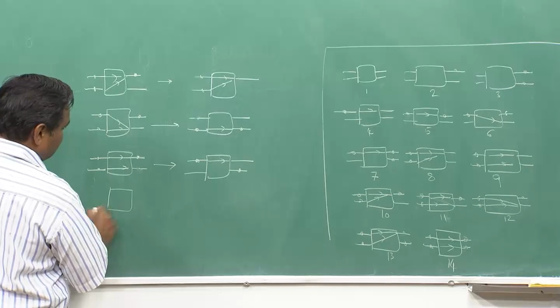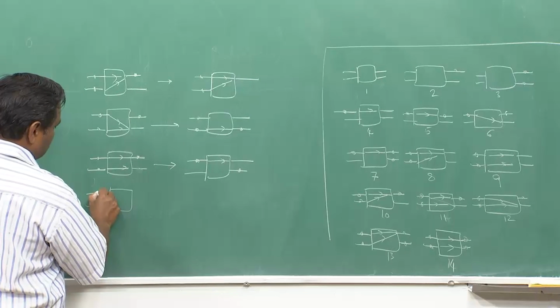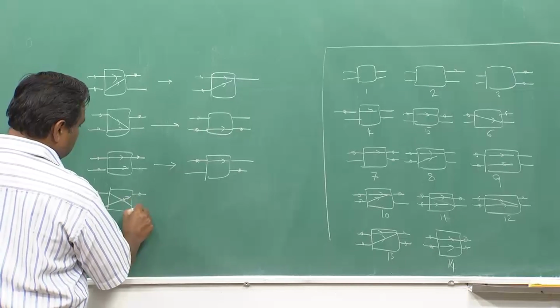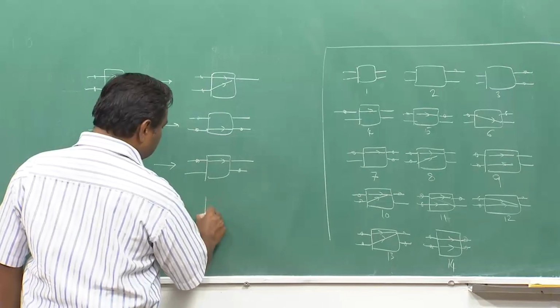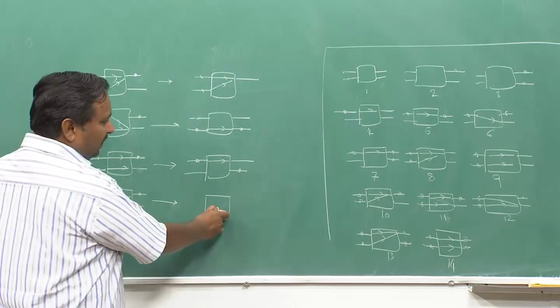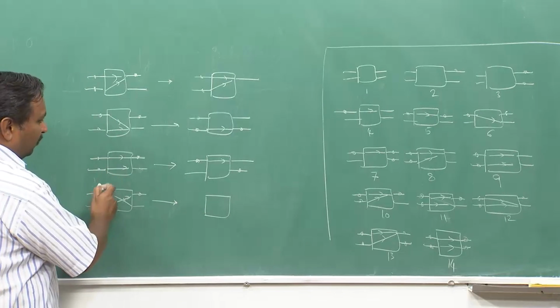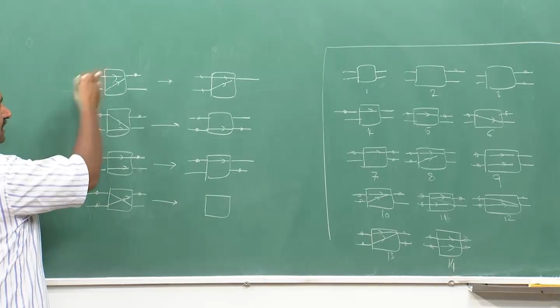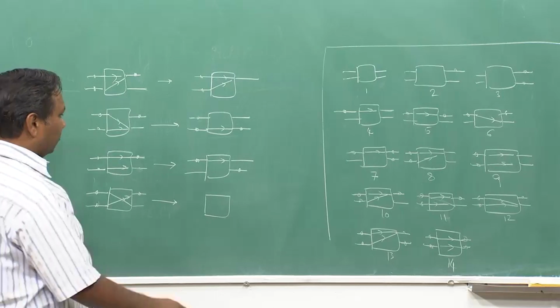There is a possibility that there is a crossover. This is at the beginning of the slot and this is at the end of the slot. So, I have to worry about what is going to be at the end of the slot. These packets are going to come instantaneously and then they can be transmitted out.